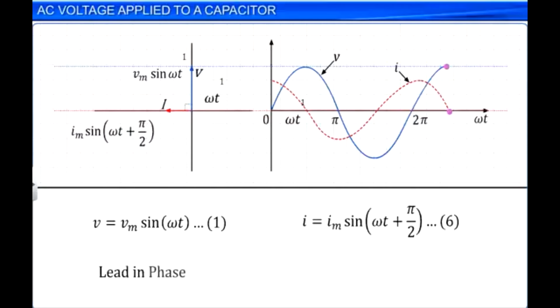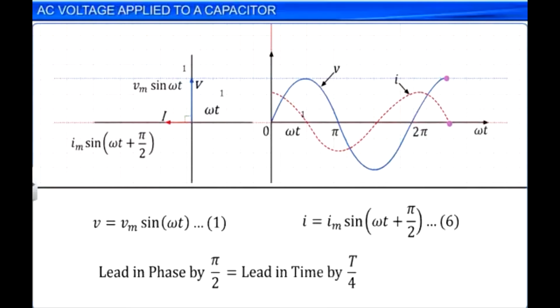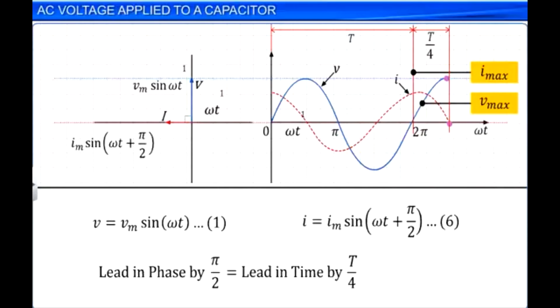This lead in phase by pi by 2 units is equivalent to a lead in time by 1/4 of time period T. Another thing to note is that the maximum value of the current in the circuit is achieved at exactly 1/4 the time period of every cycle before the maximum value of voltage is achieved.